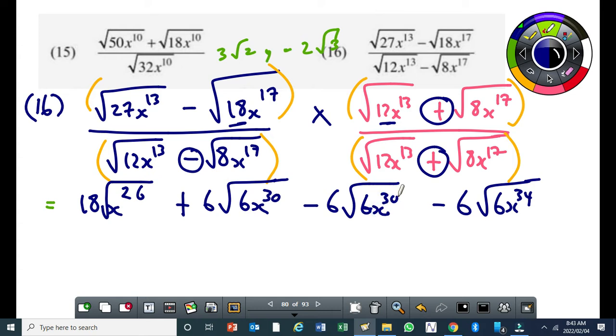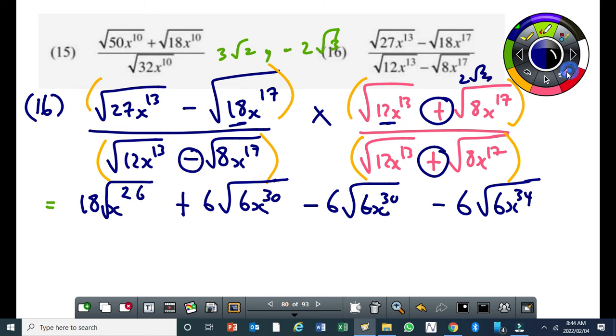Alright, let's just verify this one. So if I multiply this 2 for 3 root 2, this one here it will be 2 root 2. Right, so 3 by 2 I'll get 6. Then 2 by 2 I'm going to get 4. So we end up getting, sorry, 2 times 6, that will be 24.